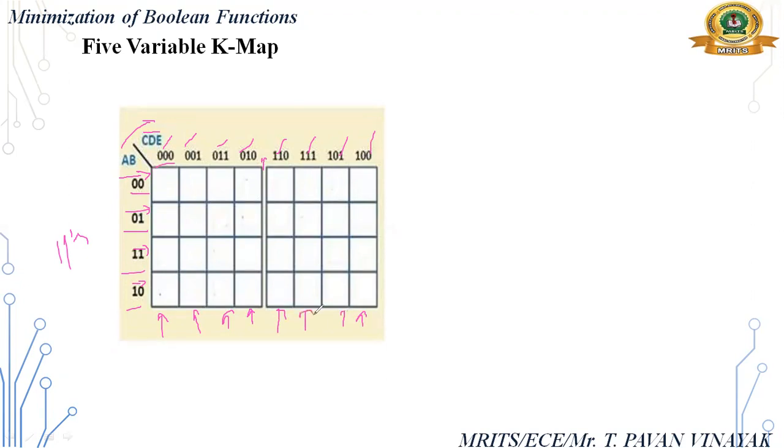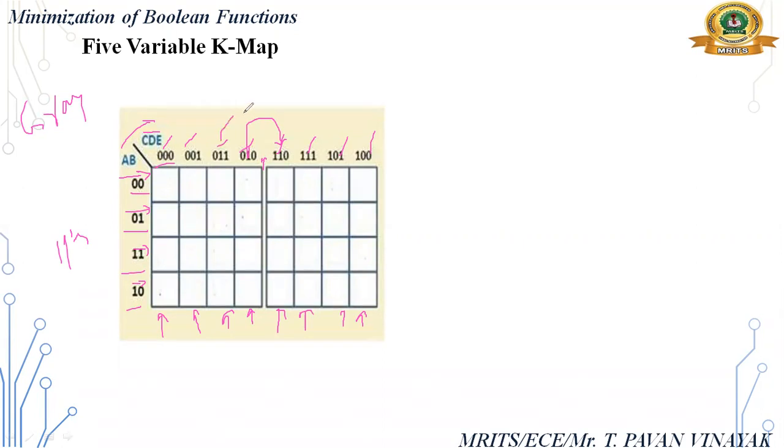Why I give the gap: you know that gray code is a reflective code. So this column is reflective with this column. If ones are available here, this is one pair and this is one pair, and you can combine them and make it a quad.